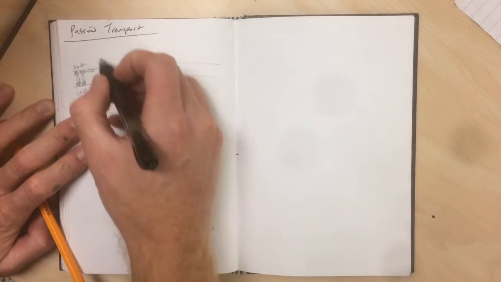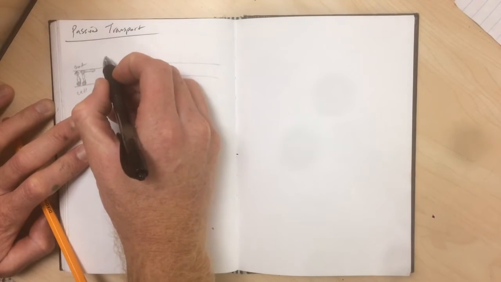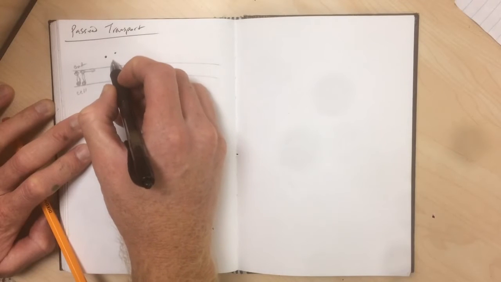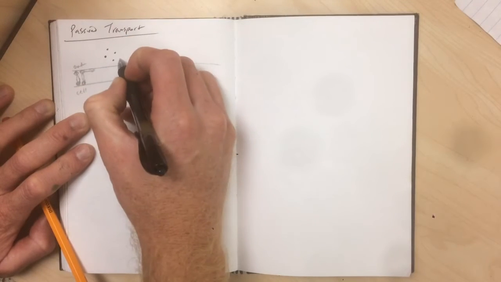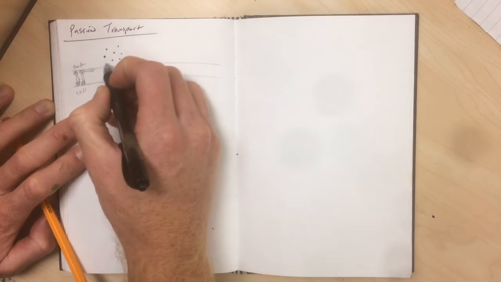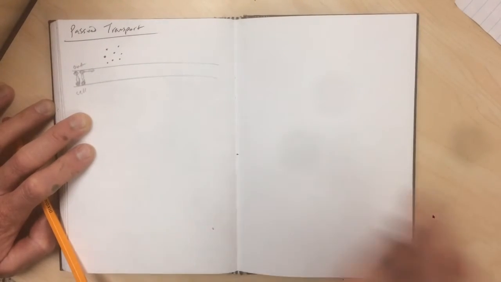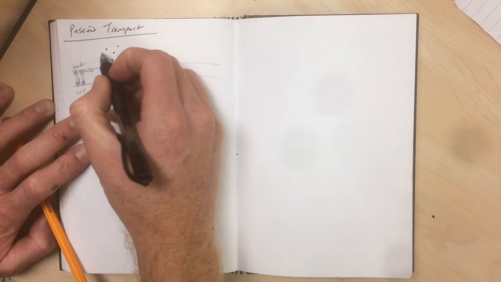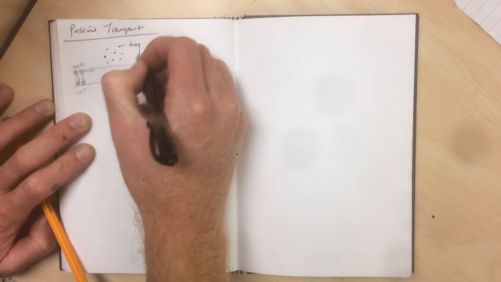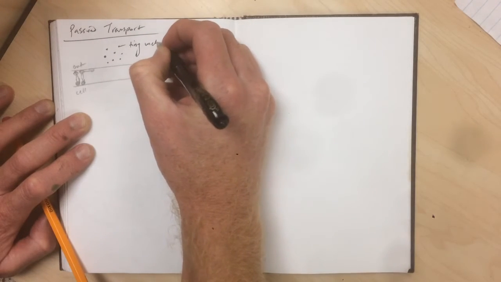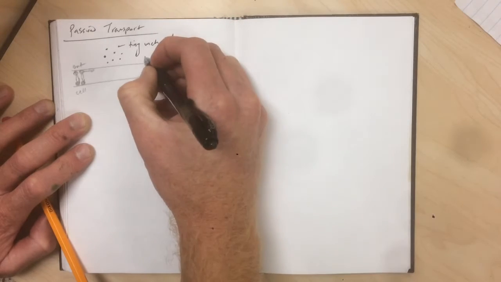One example of this is when you have tiny little uncharged molecules. So these guys would be soluble in a lipid, but insoluble in water. So let's say they're tiny uncharged particles.